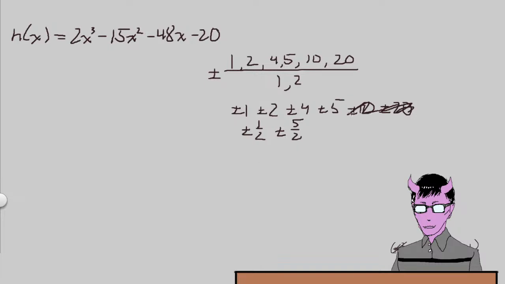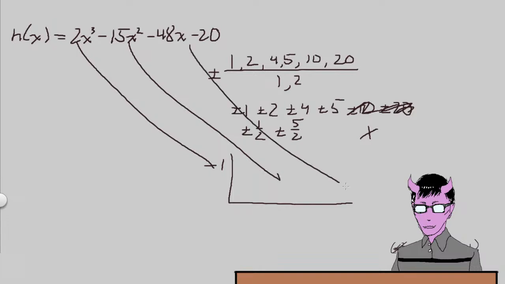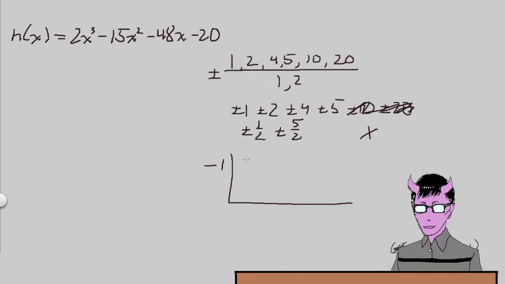So 1 has failed as a candidate, but what about negative 1? Here we go again. Just populate the chart. We have 2. I should not erase the entire thing, but that's okay. There they are. Drop the 2.